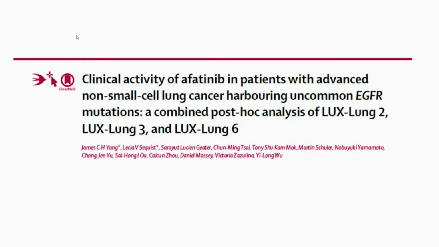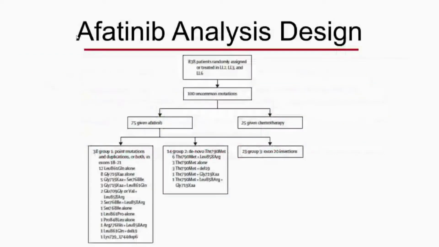This was an analysis that pooled together data from three different studies, LUX-Lung 2, 3, and 6. If you go to the next slide, you'll see that in this analysis, they broke the different types of EGFR mutations down. I'm going to focus mostly on the data on this group 1 on the left.